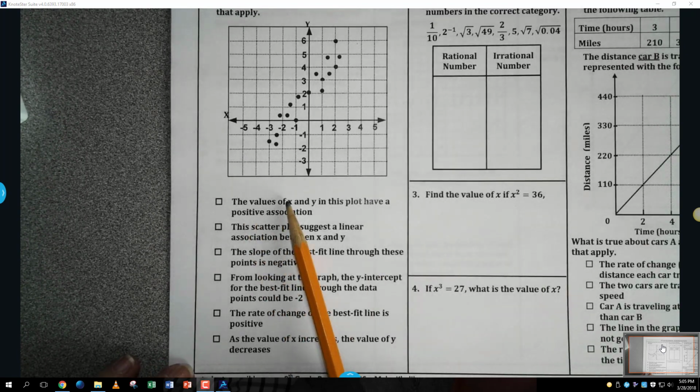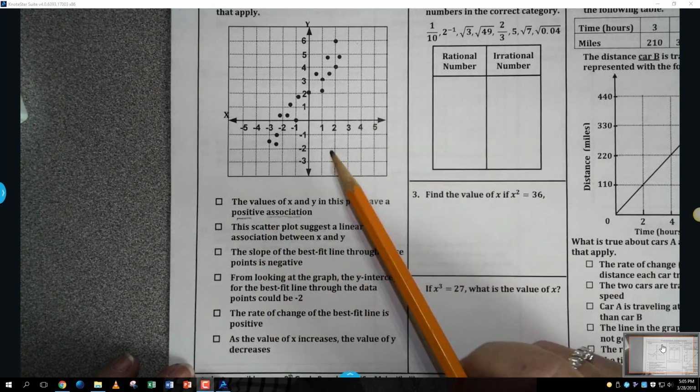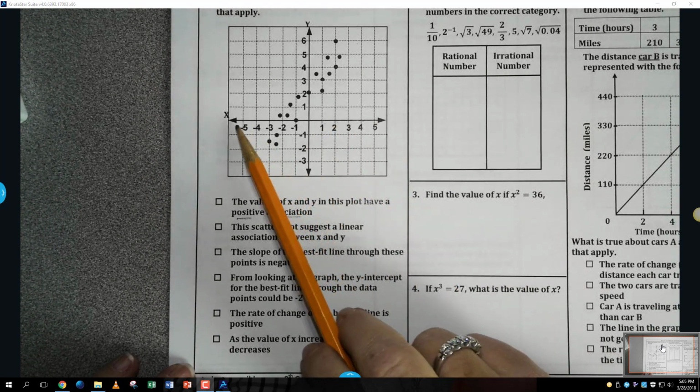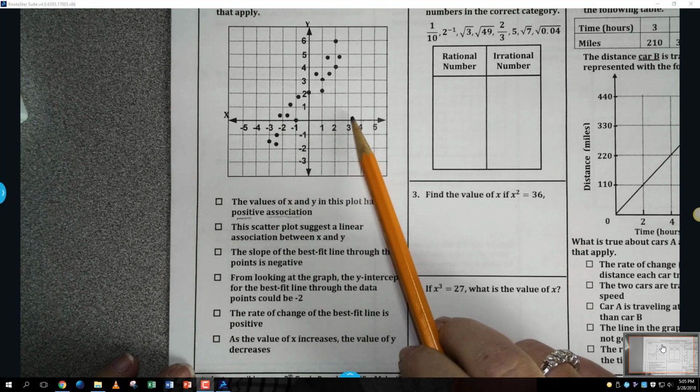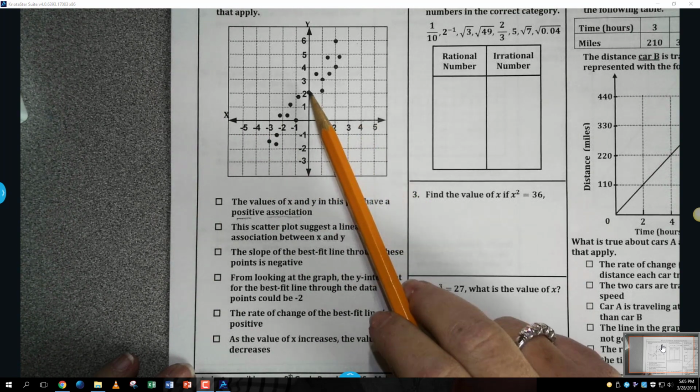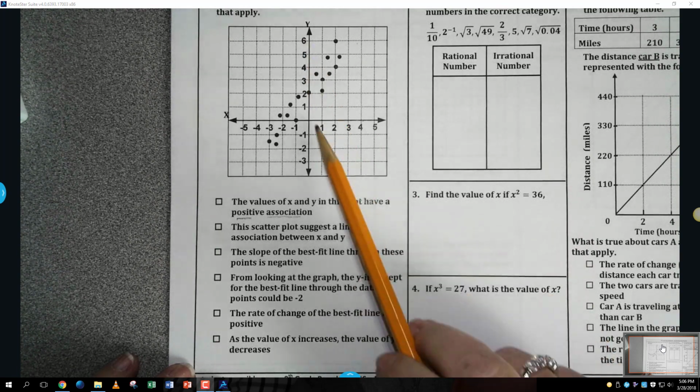So it says the values of x and y in this plot have a positive association, which means as the values of x increase, so as we move from left to right on the x-axis, the values of y increase.